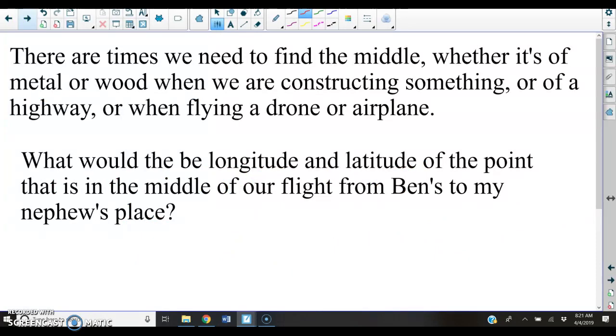There are times you're going to need to find your middle, whether it's of metal or wood when we are constructing something, or of a highway when you're going from, say, Dickinson to Fargo, or when you're flying a drone or an airplane. Okay, so when we looked at not the longitude and latitude, but the address, I'm going to change that.